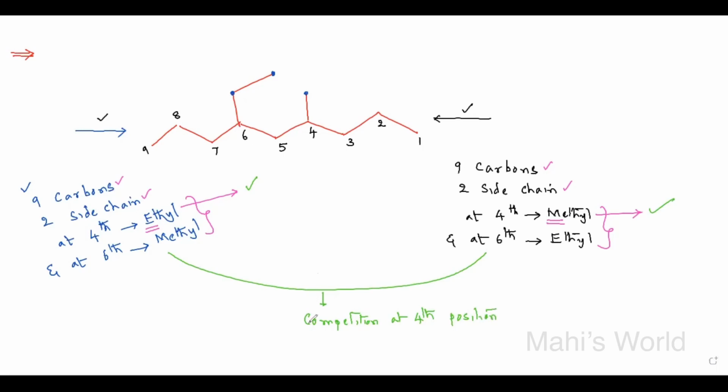That too, the competition is between two different substituents of the same family. Ethyl and methyl, both are simple alkyl groups. Competition at 4th position between substituents of the same family.